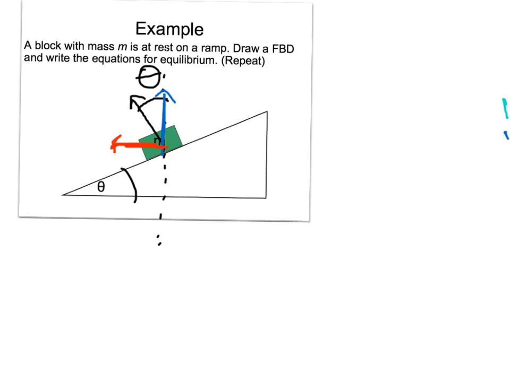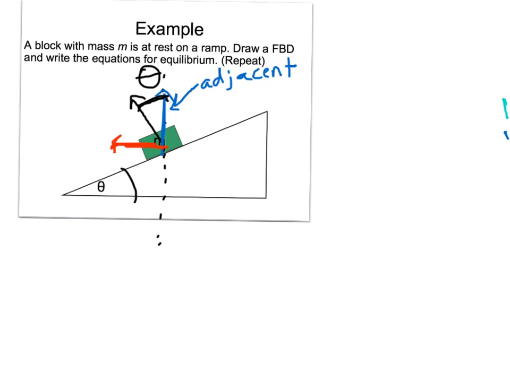So, let's think about this. If I want the y part of the normal force, I notice that y is adjacent to the angle itself. So the angle is in black there, right here, and y is adjacent to that angle.